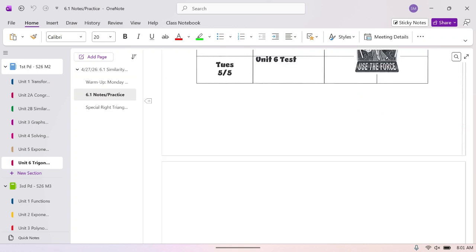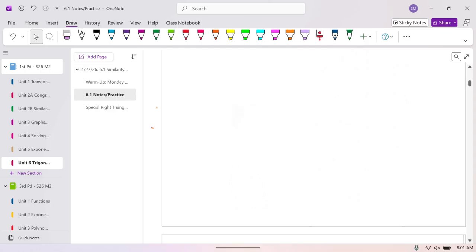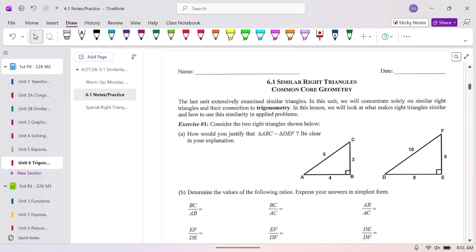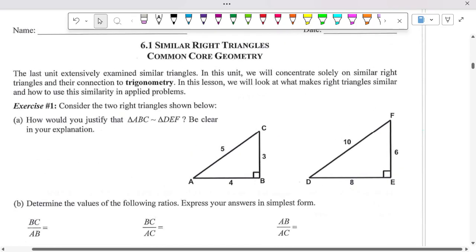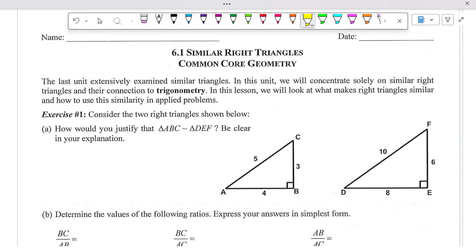All right, so go ahead and look at that first page of your big packet. So we're going to talk about similar right triangles. Now, again, we've already had a whole unit on similar triangles, but this was probably way back in the first term.